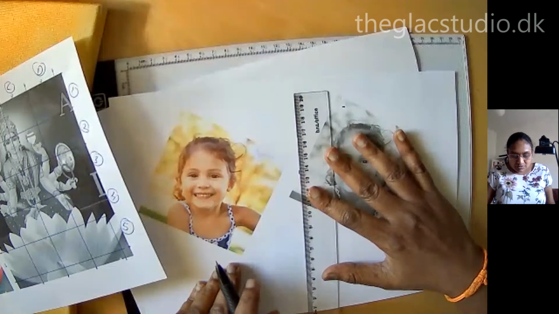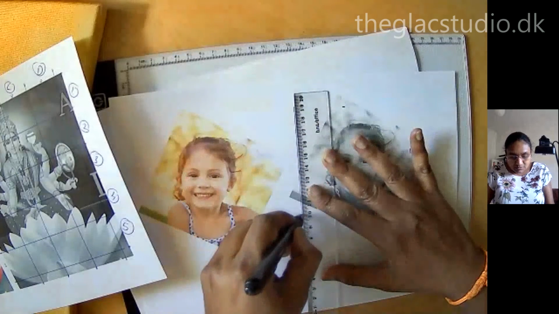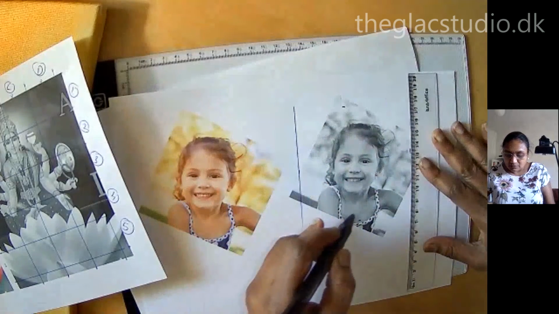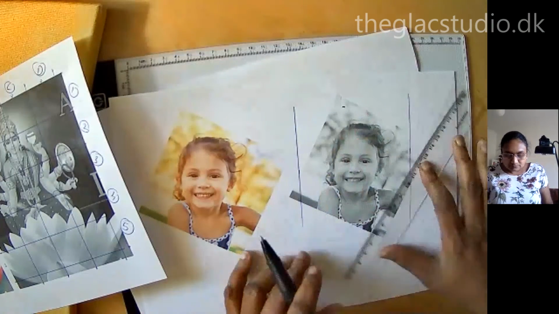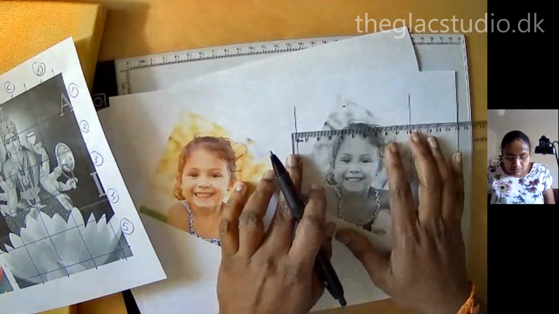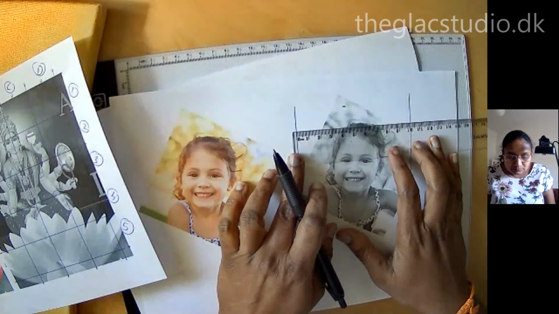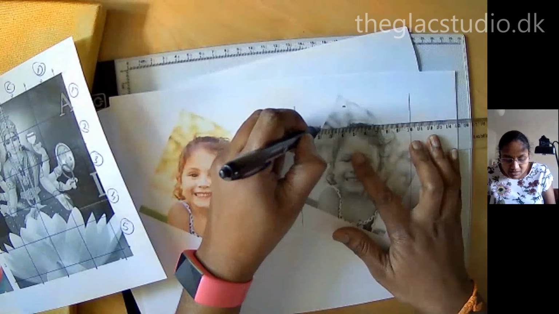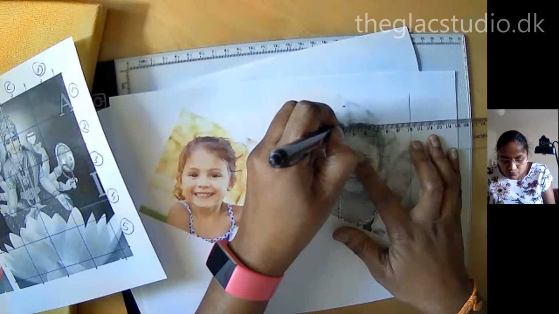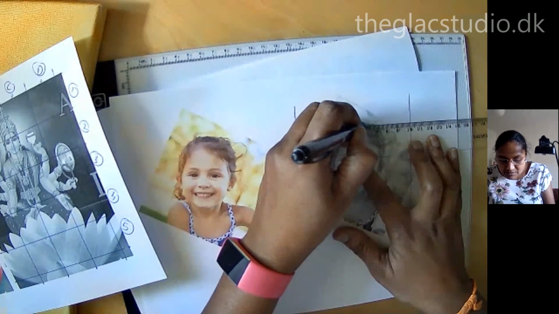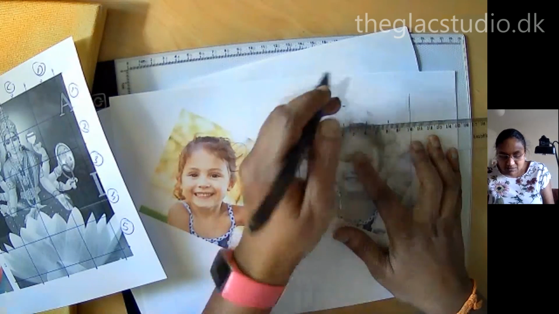I am going to draw this box of 10 centimeters here and start turning that around into 2 centimeter grids: 2, 4, 6, 8, and 10.